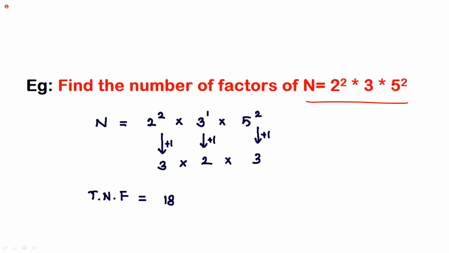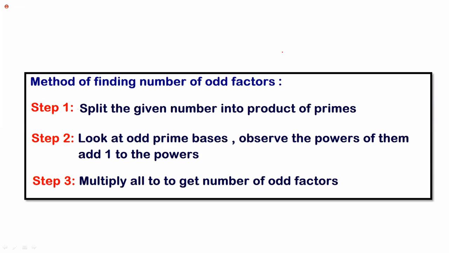So 2 power 2 as it is, 3 is 3 power 1, and 5 is squared. Add 1 to the powers: 2 plus 1 is 3, 1 plus 1 is 2, 2 plus 1 is 3. Multiplying these gives the answer: 3 into 3 is 9, 9 into 2 is 18. So the total number of factors is 18.